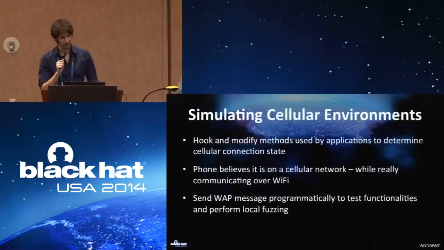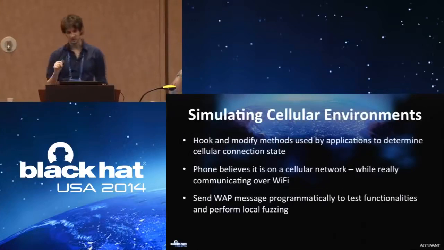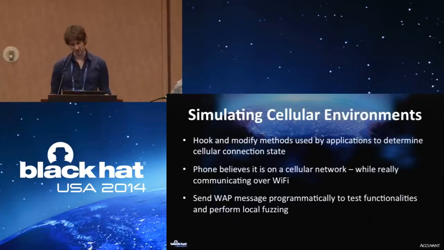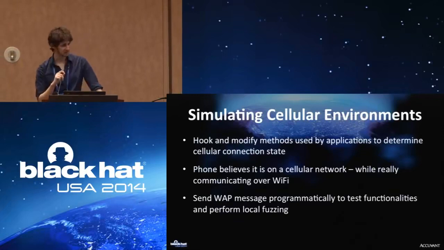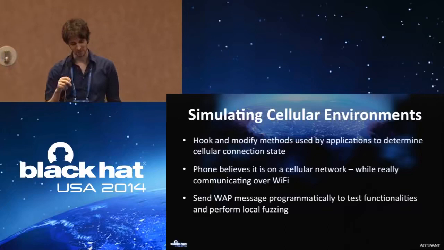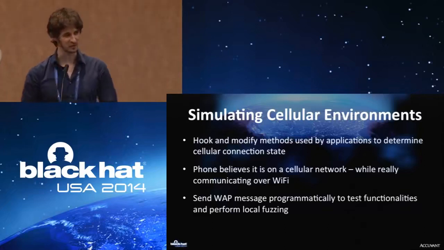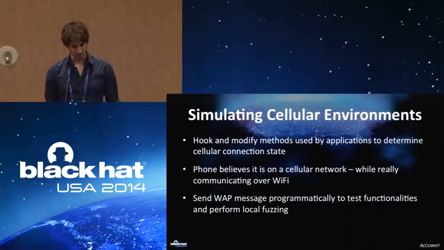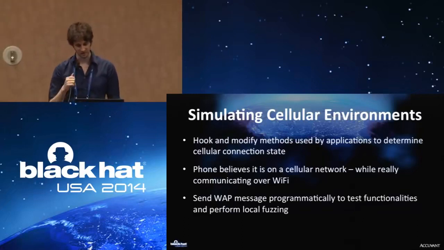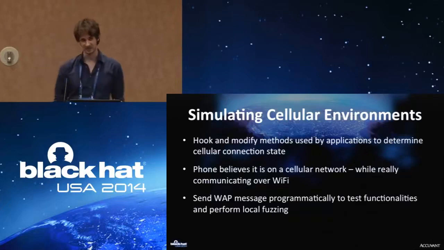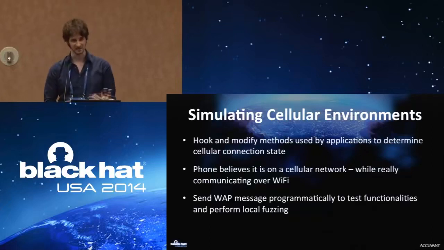Yeah, so we had to do some modifications on the phones themselves to be able to test more easily. Cellular environments are very slow. It's hard to test. When you send a lot of payloads, it tends to create issues, overload the network. You can't really fuzz easily. So we created tools that allow hooking some specific functions to make the phone believe it is on a cellular environment, whereas it's actually running over Wi-Fi.